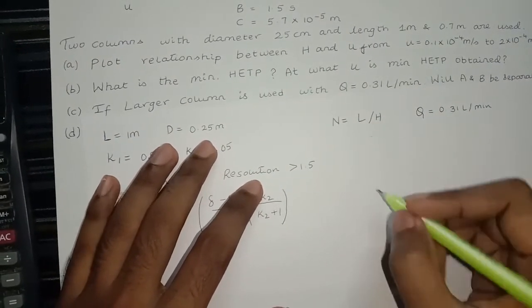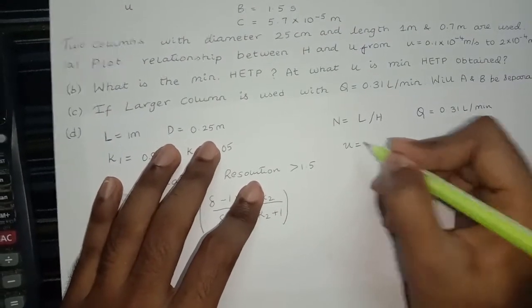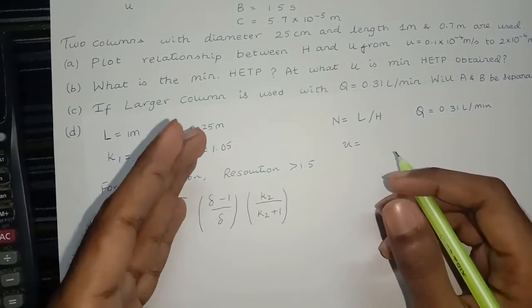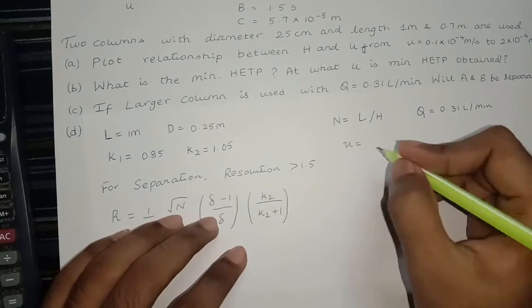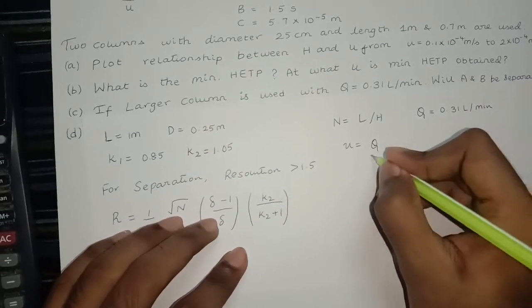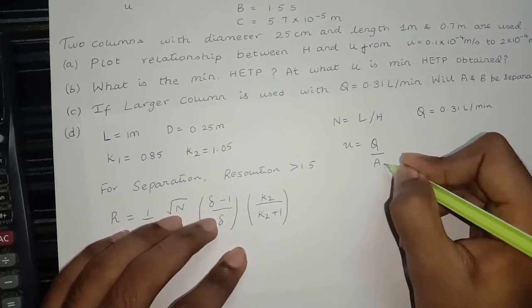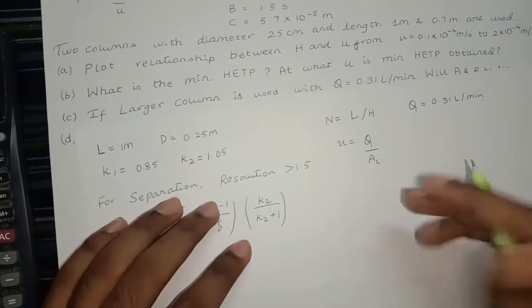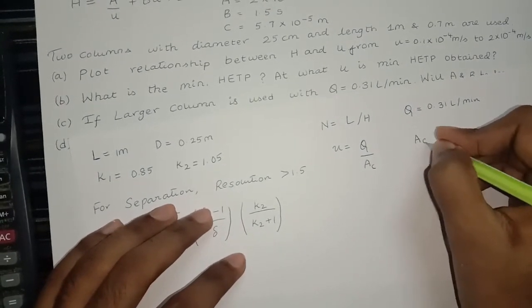We know one more relation, the liquid velocity. Velocity is the volumetric flow rate divided by the cross-section area. What is the area of cross section?